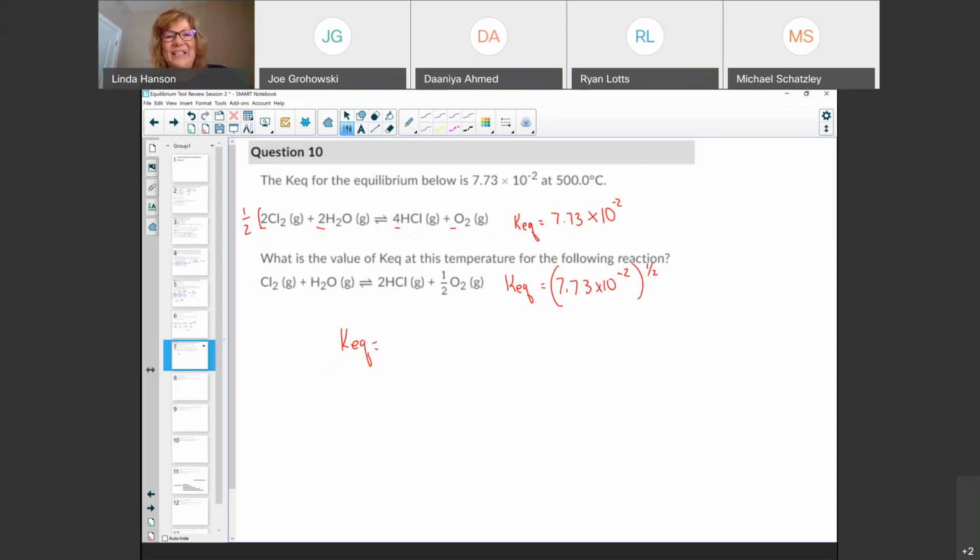So the rules are different between delta H, delta G thermal properties and these K constants we're working with now. So let me hit that for us: 7.73 times 10 to the negative 2 power, and then raised to the 0.5, which is square root. You could accomplish that the same way. 278.